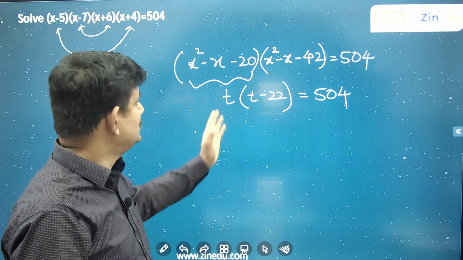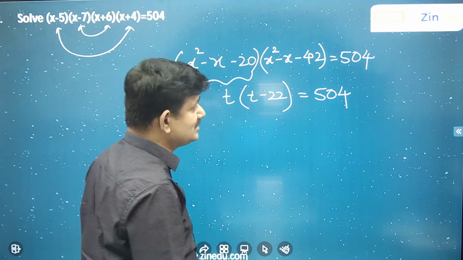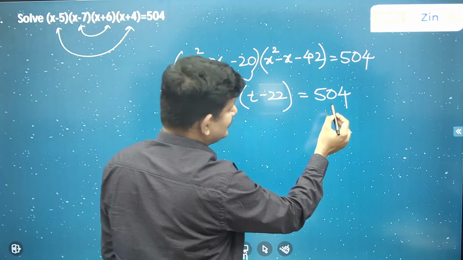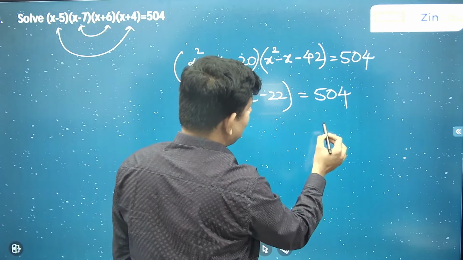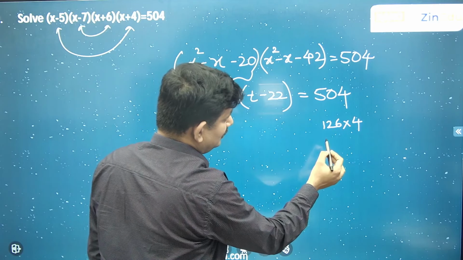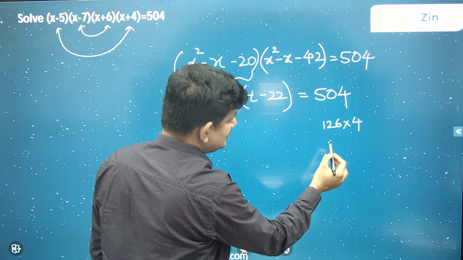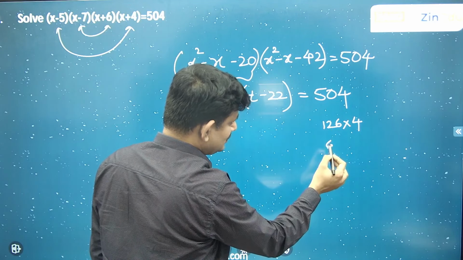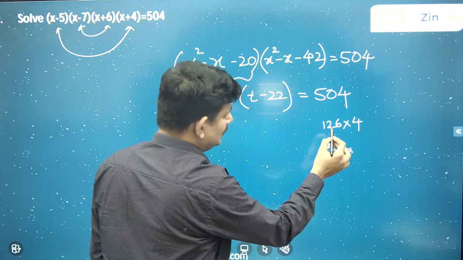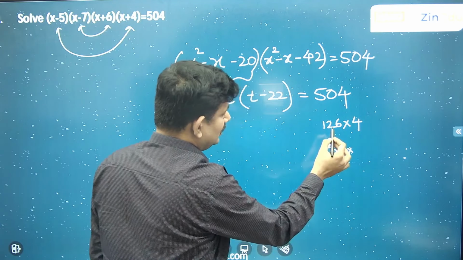So, this is a simple quadratic in t. Get the values of t. By observation also, you may be able to do it in such questions. Let us try to prime factorize 504. What are the factors? 126 multiplied by 4. Here you have a 3, it is divisible by 3, or it is divisible by 6. 6 goes 21 times. 6 4s are 24.